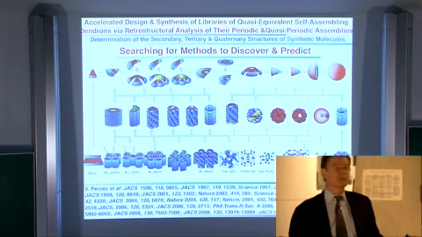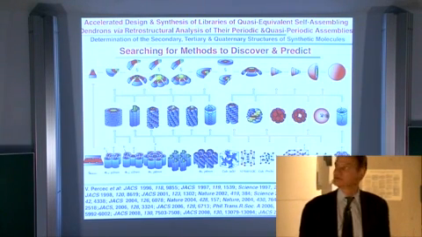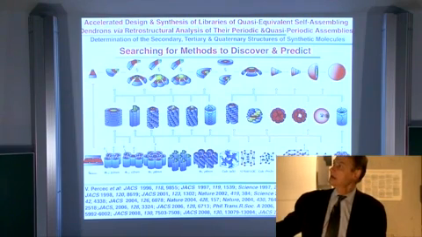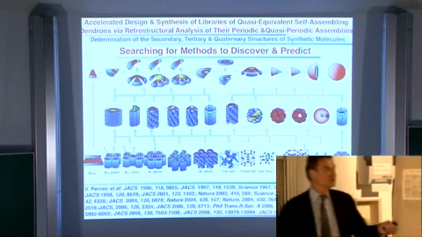If they self-assemble into certain objects, and I'm showing here a selection of some of the objects that this molecule self-assembles into, and self-organize into certain lattices, then we can do retrostructural analysis of the lattices.